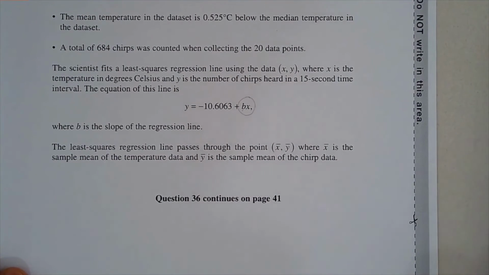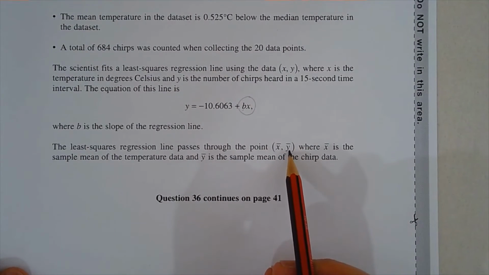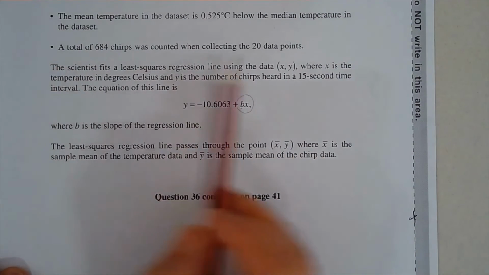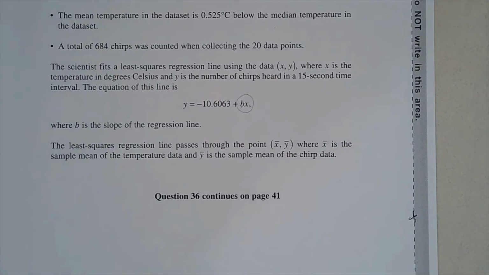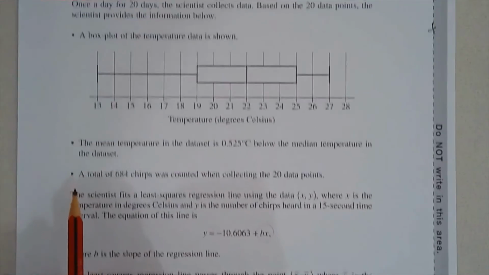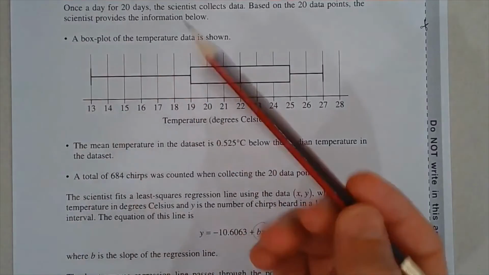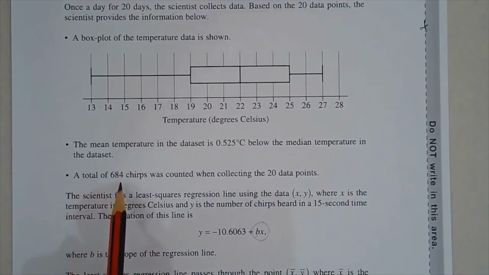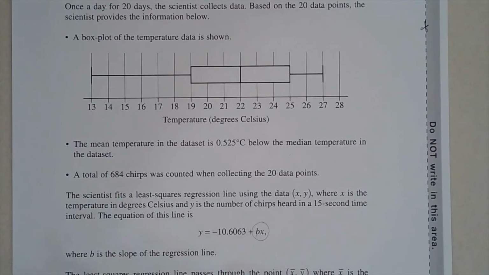Okay, now the next thing we need to work out is y bar. And that's the sample mean of the chirp data in a 15-second interval. Let's make sure we get the points correct: first, second, third point. The third point will give us y bar. We have 684 chirps counted when collecting the 20 data points.